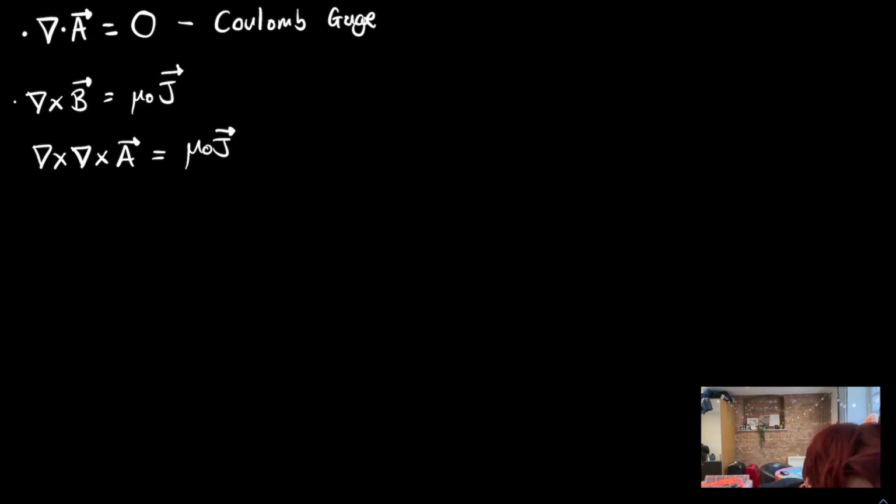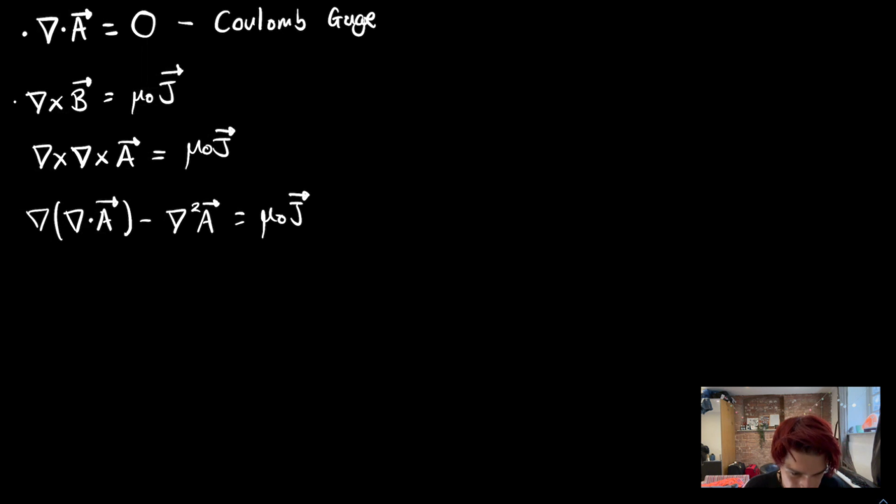And like we've done a few times in past videos, we can transform this curl of curl into this equation right here. But since we said that the divergence of A is equal to 0 in the Coulomb gauge, then we can write just the Laplacian of this vector right here is equal to minus mu naught J right here.